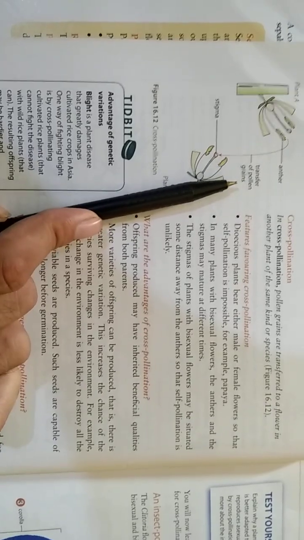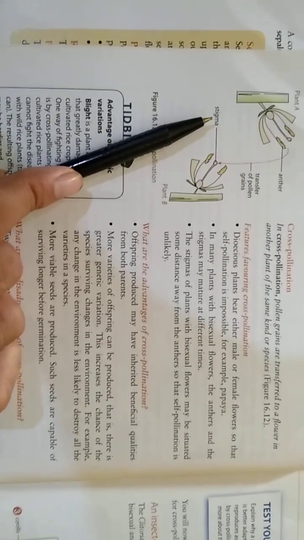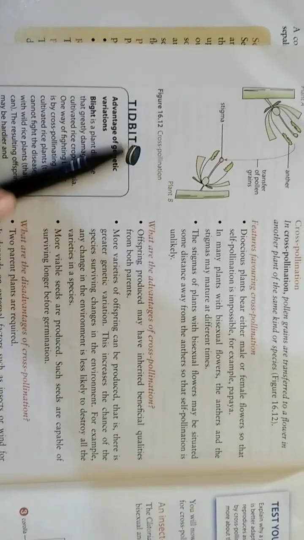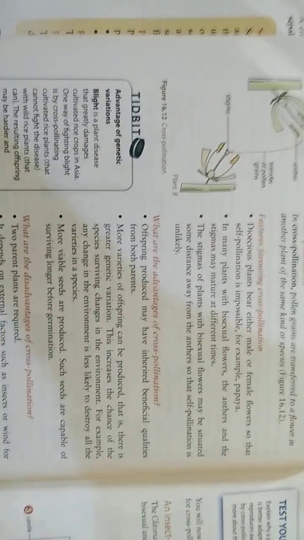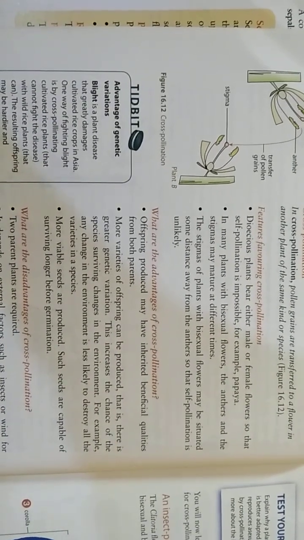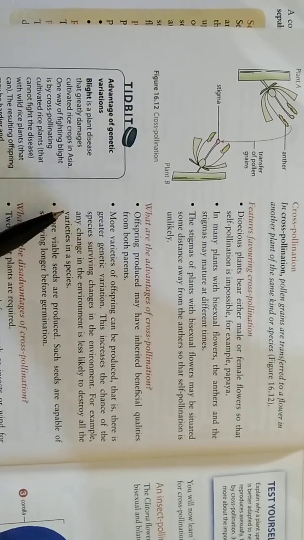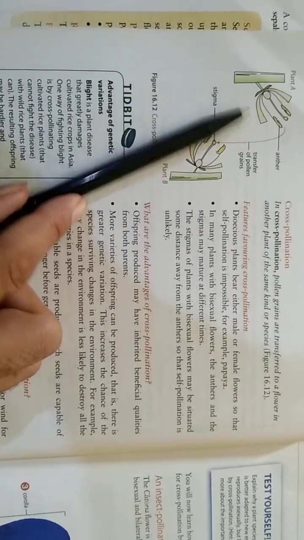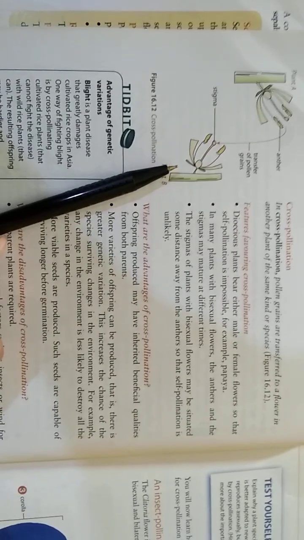Transfer of pollen grains to the other plant B is called cross-pollination. But in self-pollination, it is the same plant, same flower or different flower, but the plant is the same. And in cross-pollination, one plant transfers pollen grain to another plant.